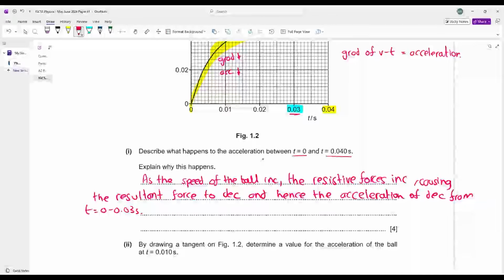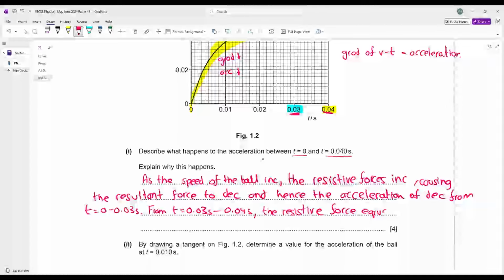Then you will explain what happens from 0.03 till 0.04 seconds. From time t equal to 0.03 seconds till 0.04 seconds, the resistive force equals the weight.